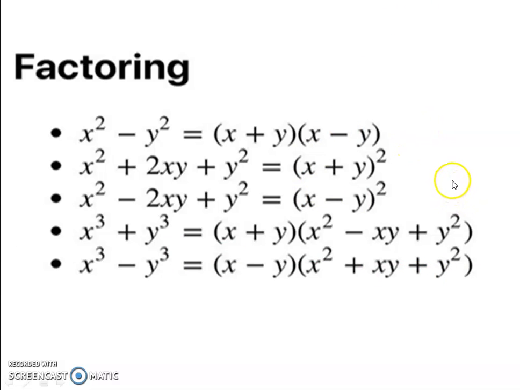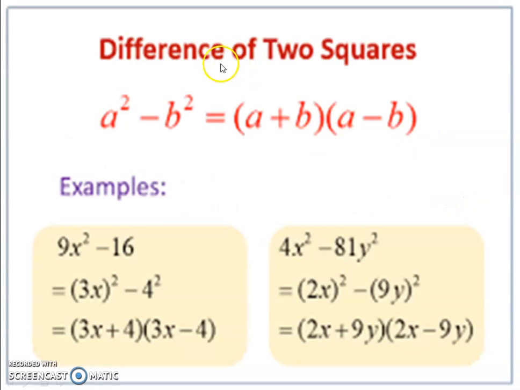Next we continue with our next topic: difference of two squares. a square minus b square is equal to a plus b, a minus b. We just discussed x square minus y square is equal to x plus y into x minus y. We take an example based on that. If 9x square minus 16 is given, 9 is the perfect square of which number? Yes, it is 3. 16 is the perfect square of 4.